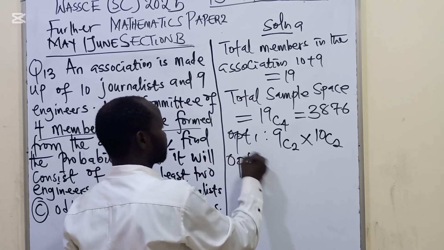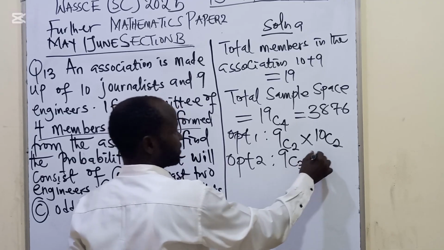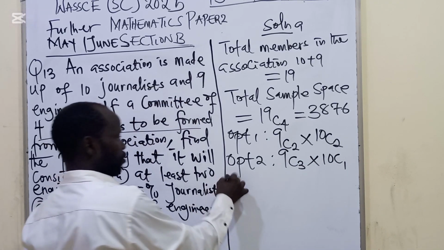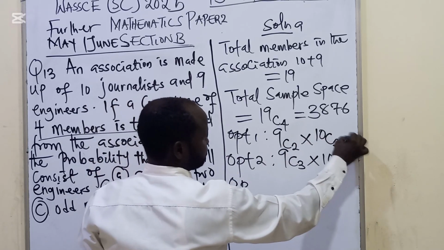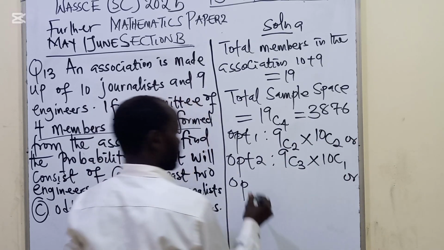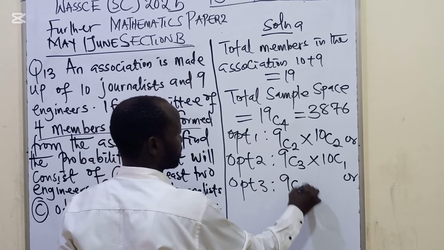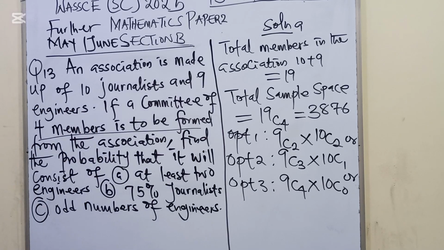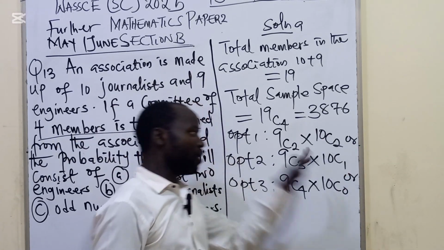Option 2, we can pick 3 out of 9 engineers, then meaning we have to pick 1 journalist. Option 3, or we can pick 4 engineers, meaning we're not picking any journalist. So these are the 3 possible options, or addition.